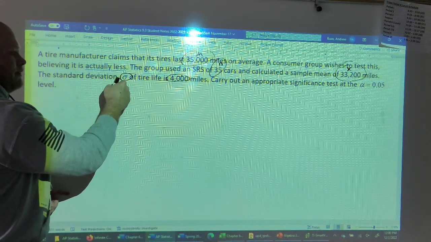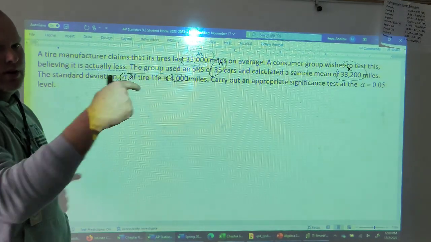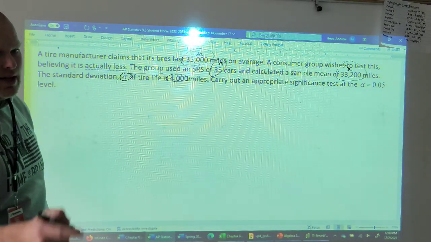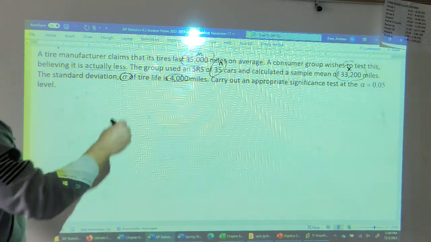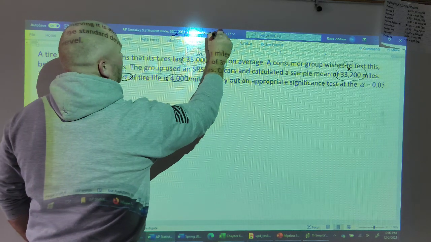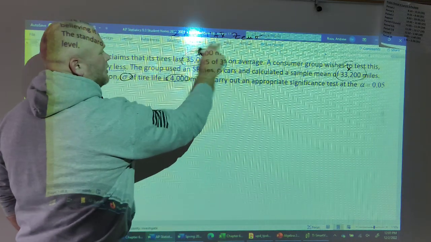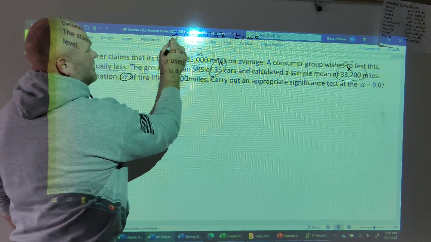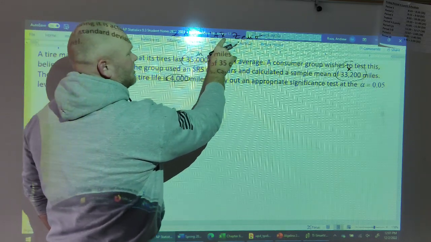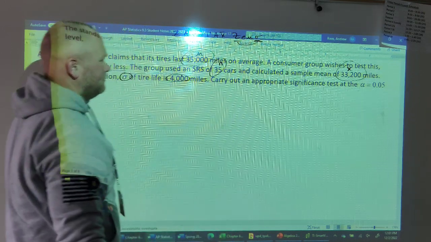So since we are given the population standard deviation, that means we are going to do a z-test instead of a t-test. If you remember a while ago, I probably brought this up: z with proportions, t with means, except z when you know sigma.